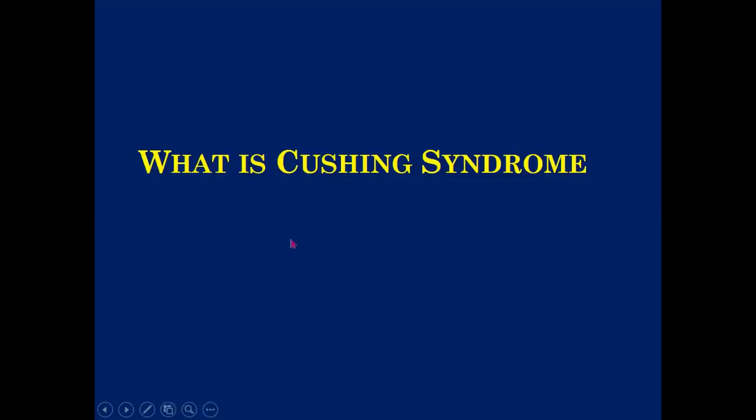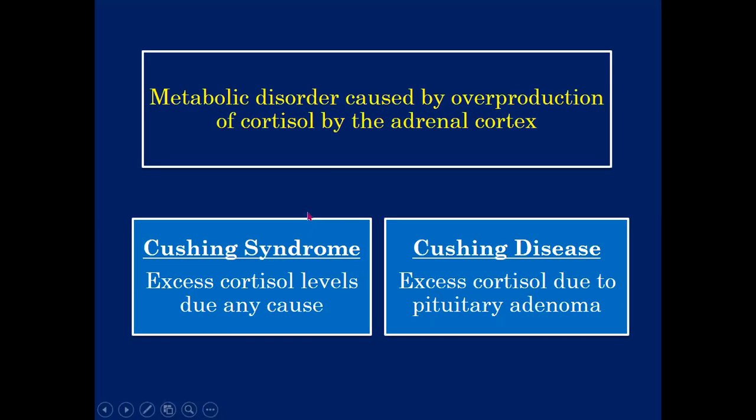Now, what is Cushing syndrome? Basically, Cushing syndrome is a metabolic disorder caused by the overproduction of cortisol by the adrenal cortex. We have to differentiate its different forms, because one is Cushing syndrome and the second is Cushing disease.